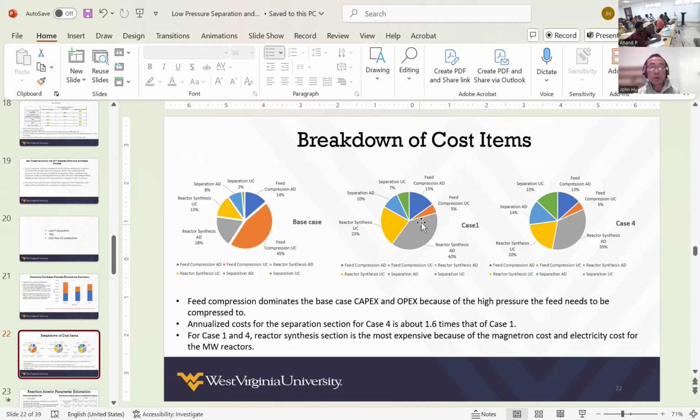If you see the low pressure separation, the orange color, the feed compression is only 5% of the overall cost. So the total cost is only 5%, and in the Haber-Bosch it is 45%. With case 4, also the low pressure separation thermal swing is only 5%.